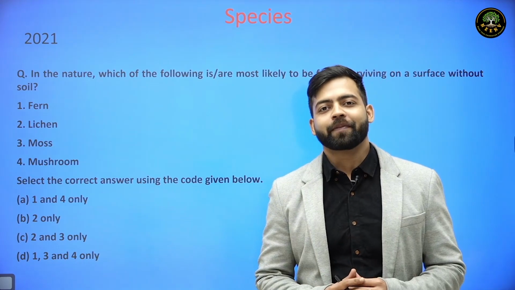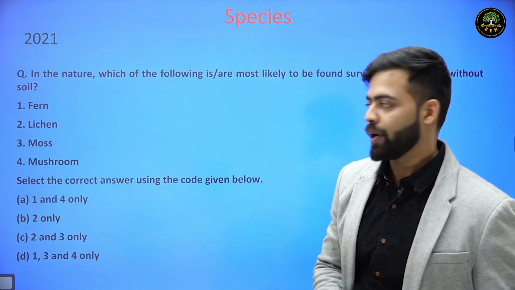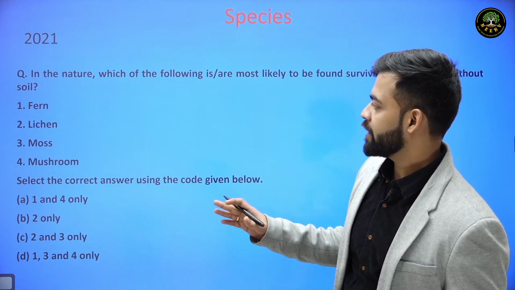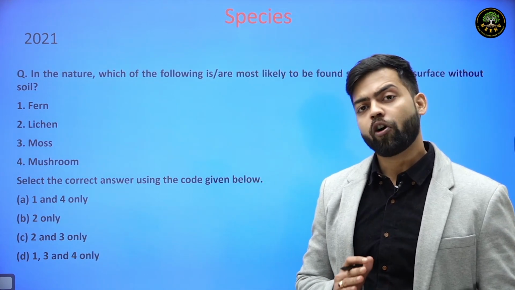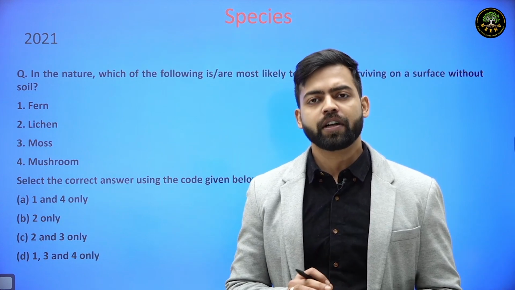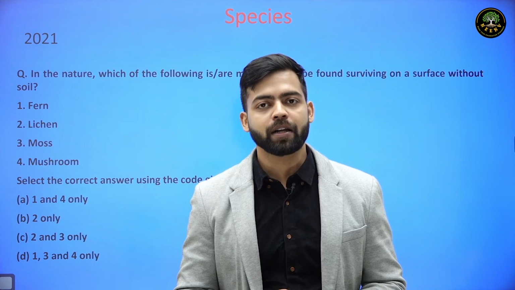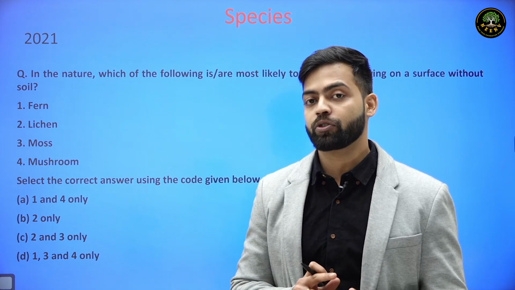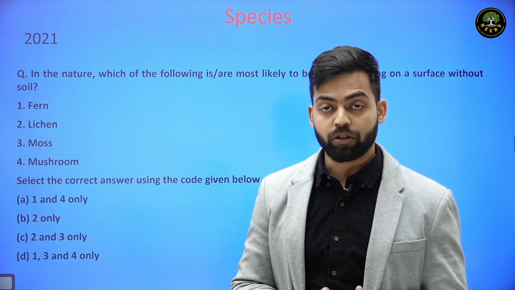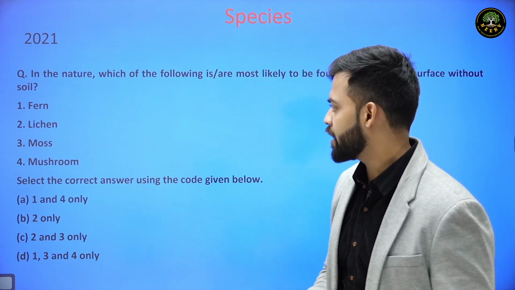Hello and welcome. So we are going to discuss this question that came in the year 2021 and has various elements like fern, lichen, moss and mushroom. We have often seen that in several years questions from mushroom is prominent as far as UPSC Prelims is concerned, because questions related to whether some mushrooms are toxic in nature or whether there is a question related to Gucci mushroom is there.